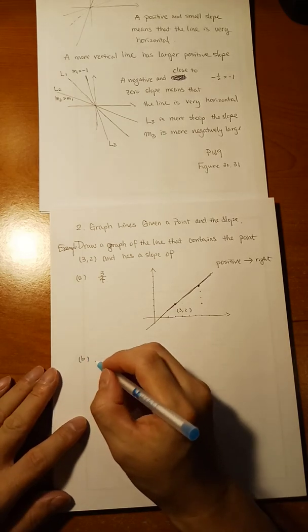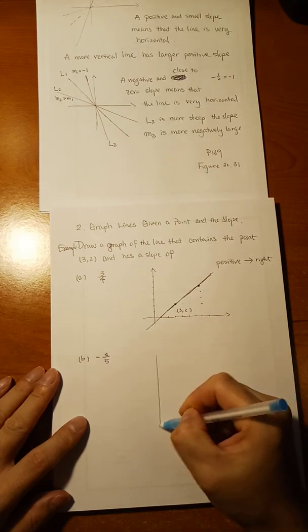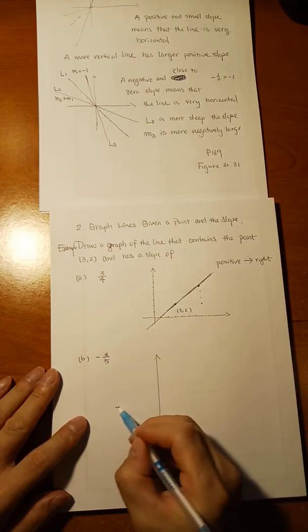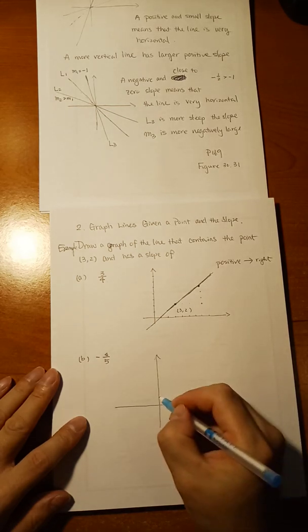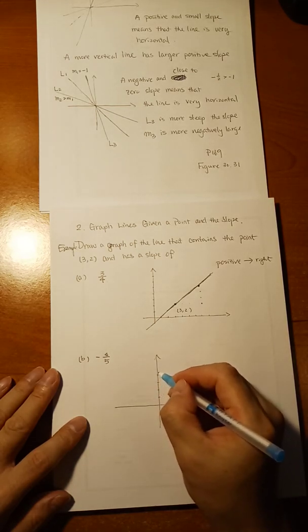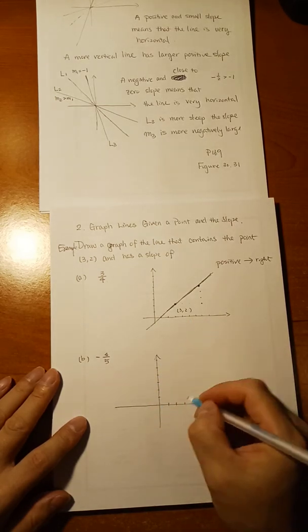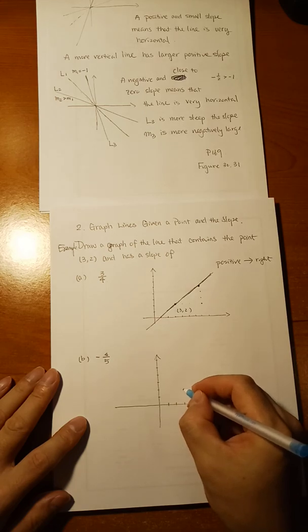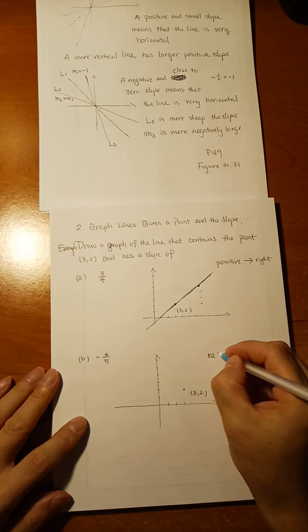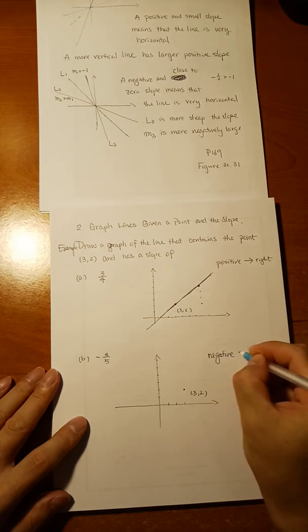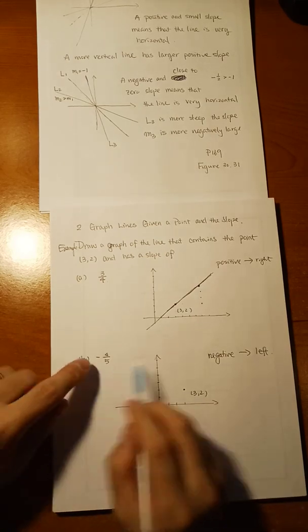And part B, if the slope is -4 over 5. So (3, 2) is here. This slope is negative. Negative, move to the left. Okay, so how do I do that?